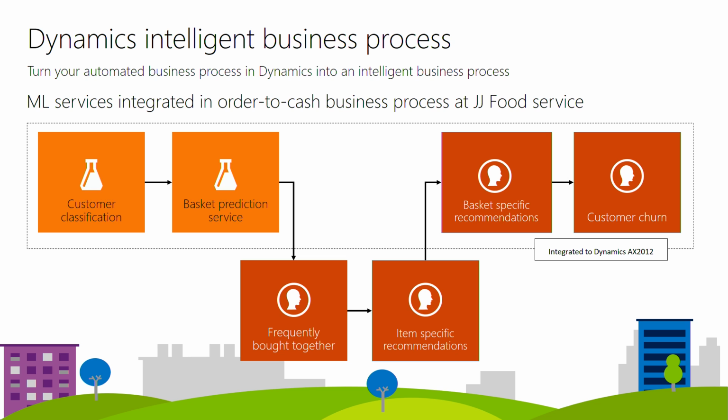So you see here the 6 blocks here. These are Azure machine learning apps, each with a different algorithm: customer classification, basket prediction service, frequently bought together, and customer churn. These two on the left-hand side, the orange ones, are the ones that we actually wrote for JJ Foods.